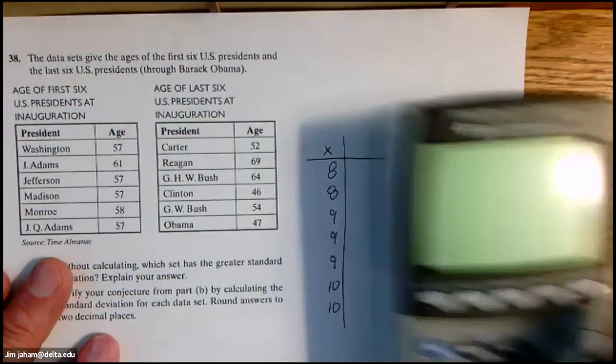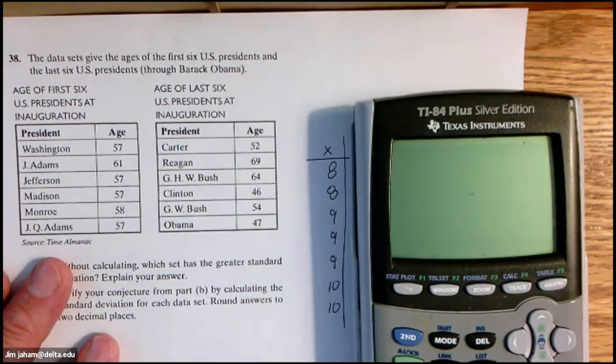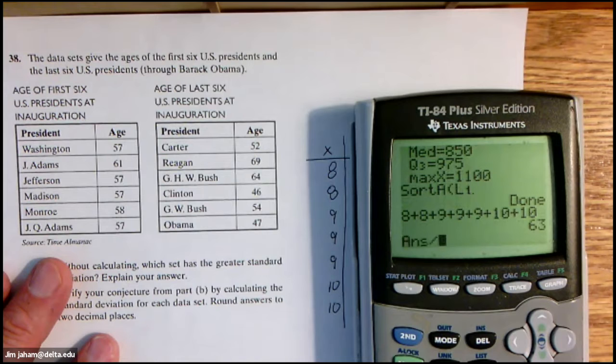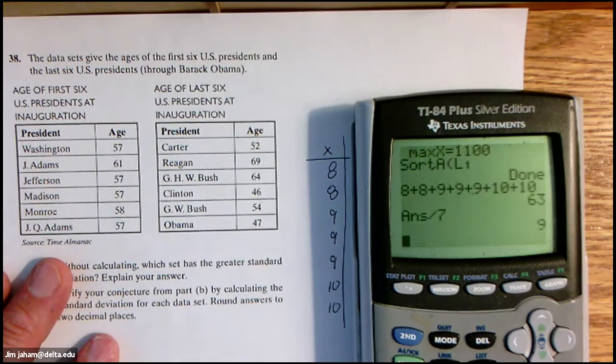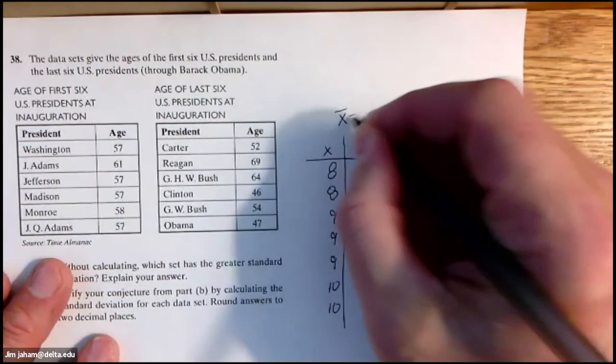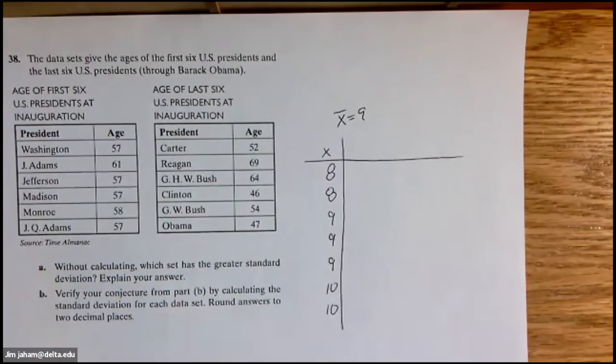So we're going to add up all those data values, 8 plus 8 plus 9 plus 9 plus 9 plus 10 plus 10, and divide by 7. So the mean is equal to 9. Sum of all the data values divided by the number of data values, 7.